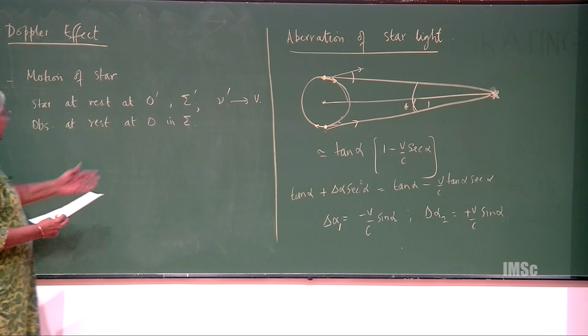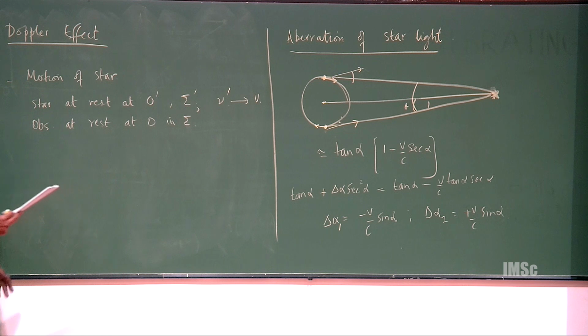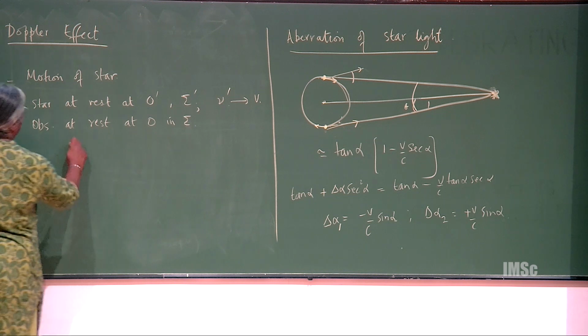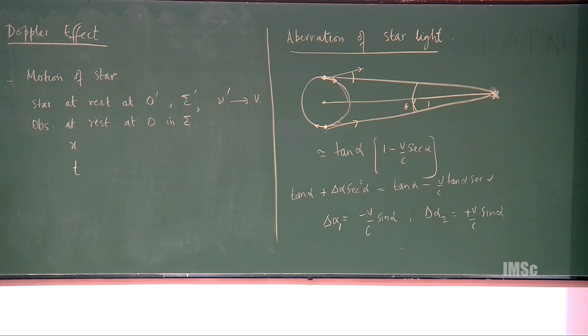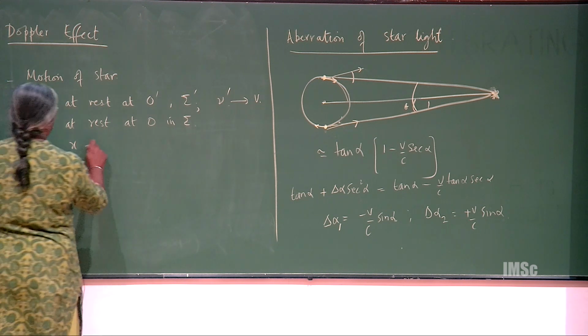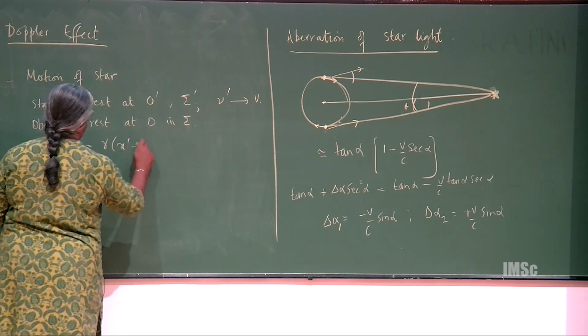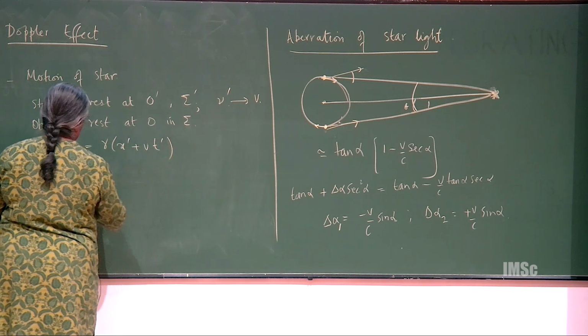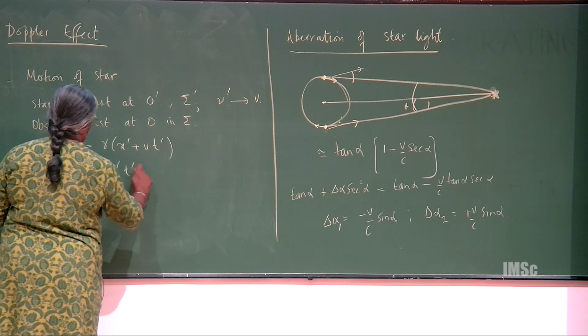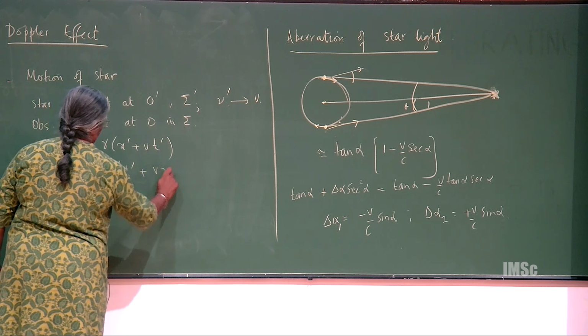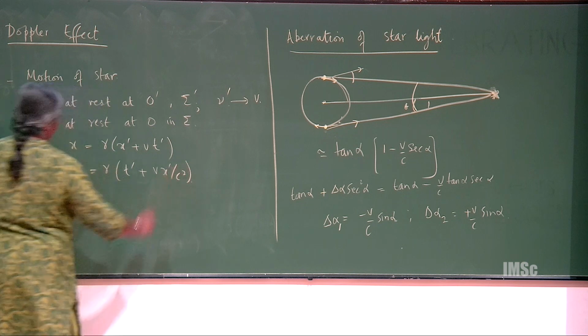So let us say that I emit something at t prime equal to some, let us say, 10 seconds or whatever, and x prime equal to 0 because the star is at rest over here, and I am receiving the signal at some x and t value, right? What will it be? We are tired of this, we know exactly what this is. This is what we have.